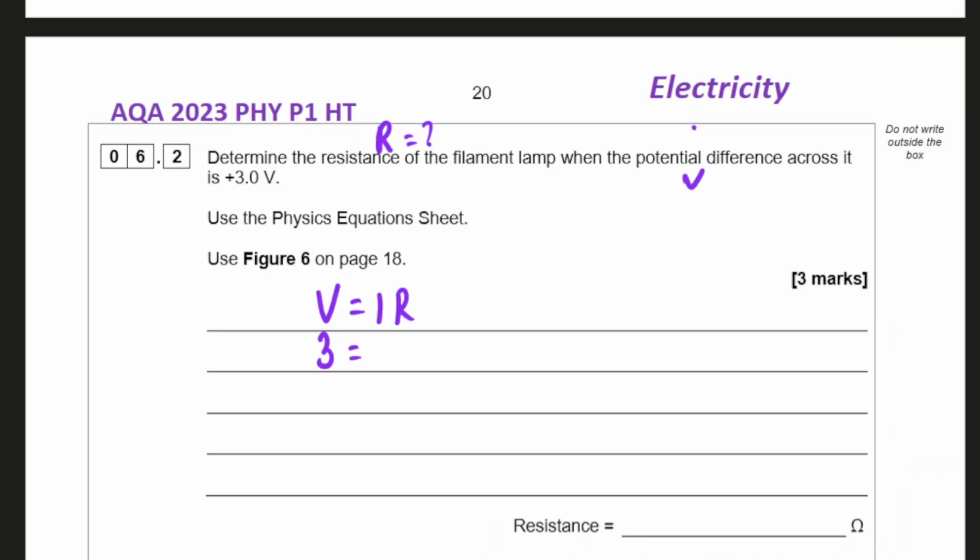The current is 0.16, so V equals 0.16 multiplied by the resistance. Rearranging the equation, R equals 3 divided by 0.16, and that gives me 18.75 ohms. 18.75.